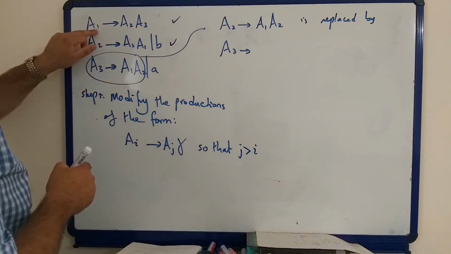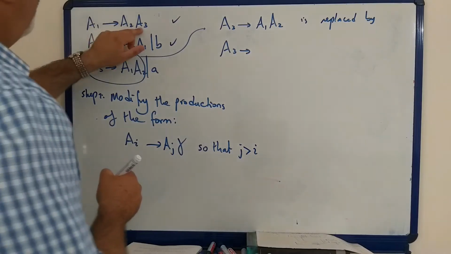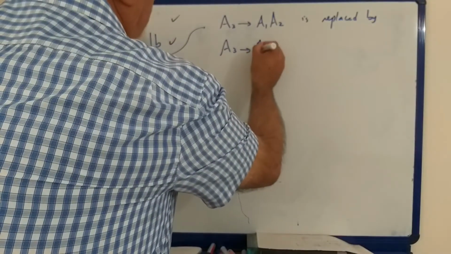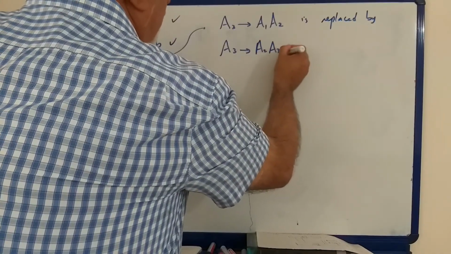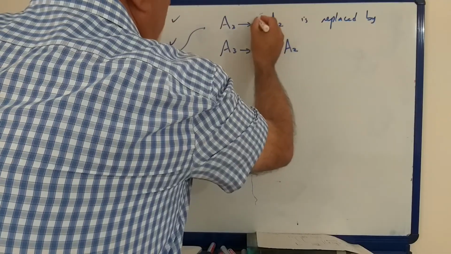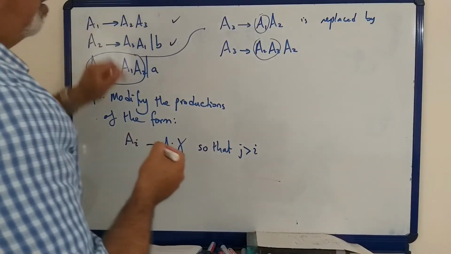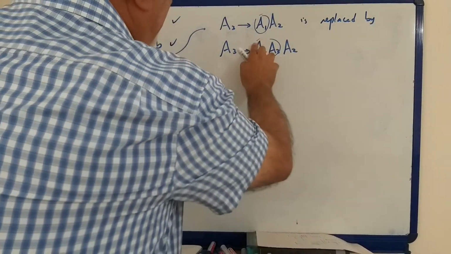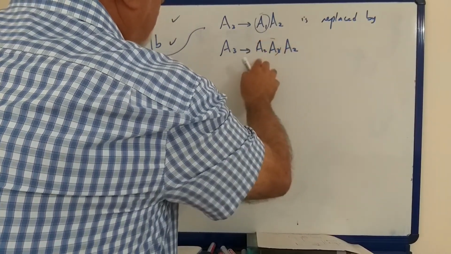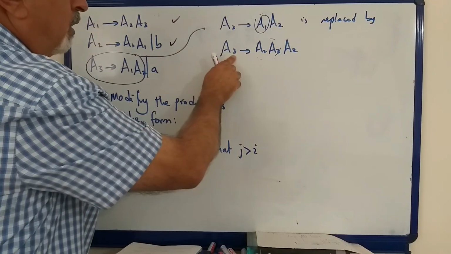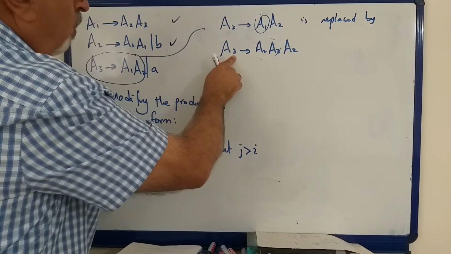Instead of A1, I can put A2, A3. So A2, A3, and I have A2. So instead of this A1, I put A2, A3. Okay, so is j greater than i? Oh, no.